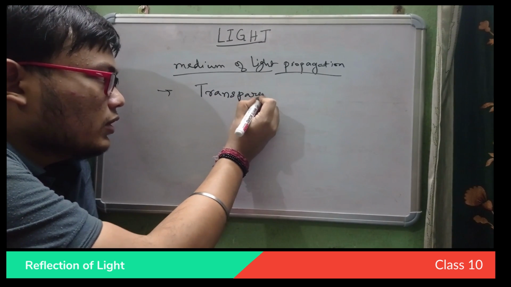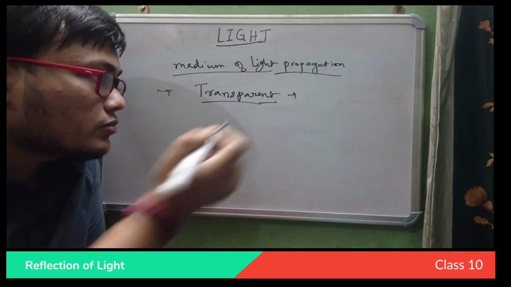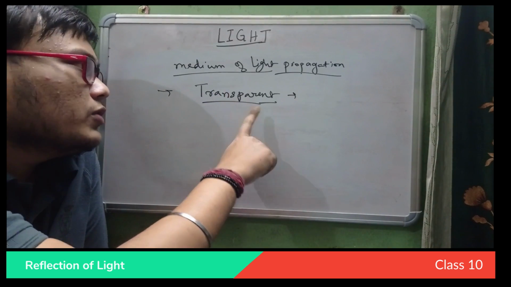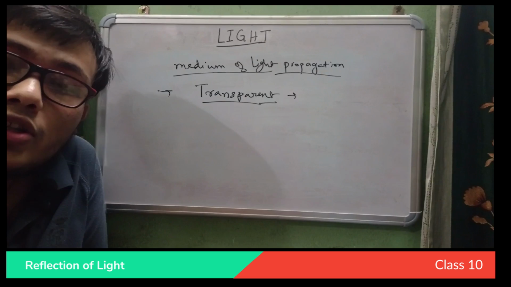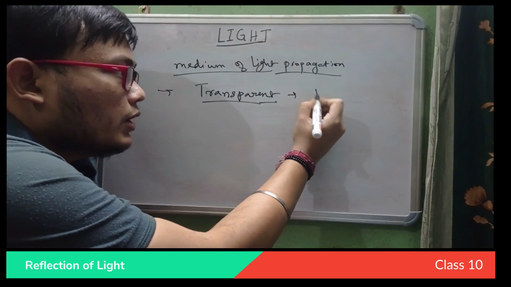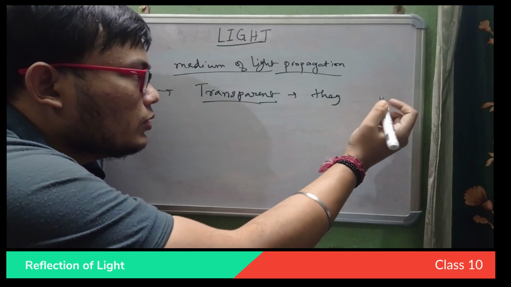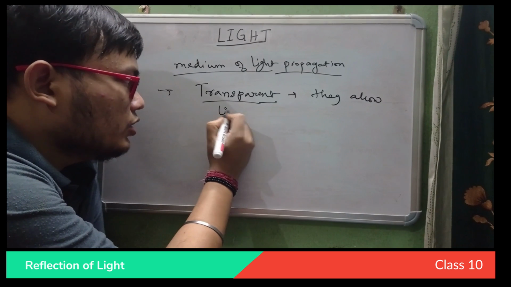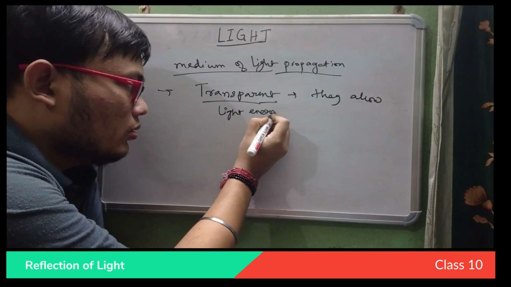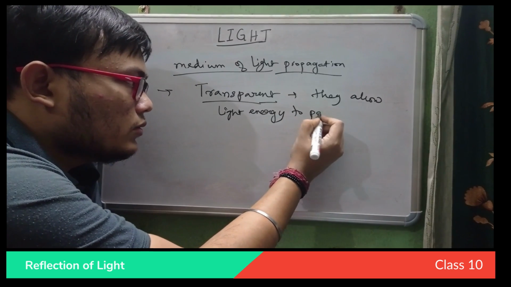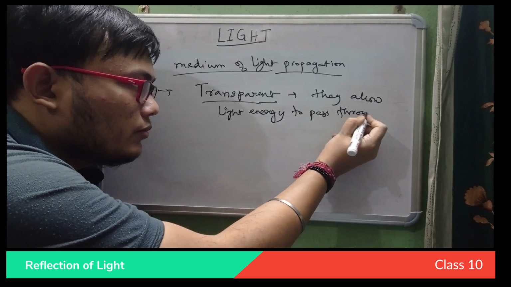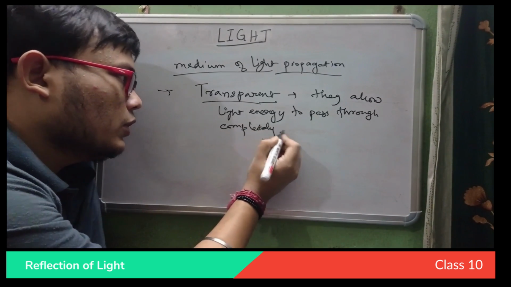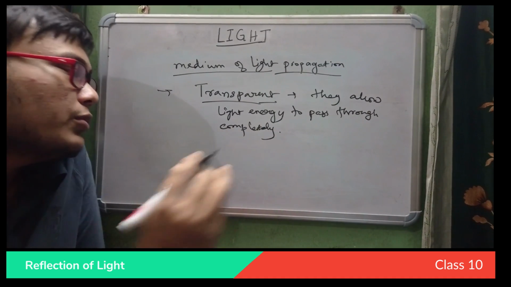Transparent medium is that through which light propagates fully. Transparent objects are those objects which allow all of the light energy to pass through them completely.